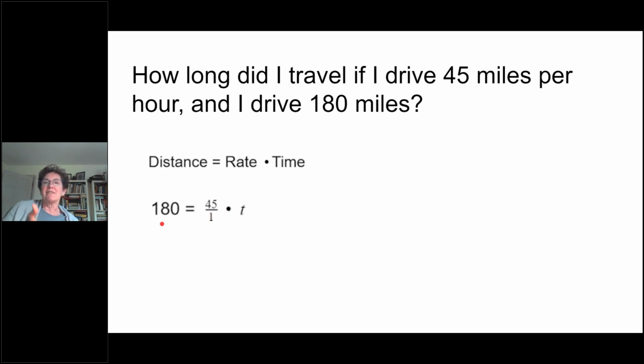I will have still an equivalent equation, as long as I do the same thing to both sides of the equation. That means I will not have changed the value, but I will have isolated this variable so I can say, what does t equal by itself? So what I'm going to do is divide both sides of this equation by 45.